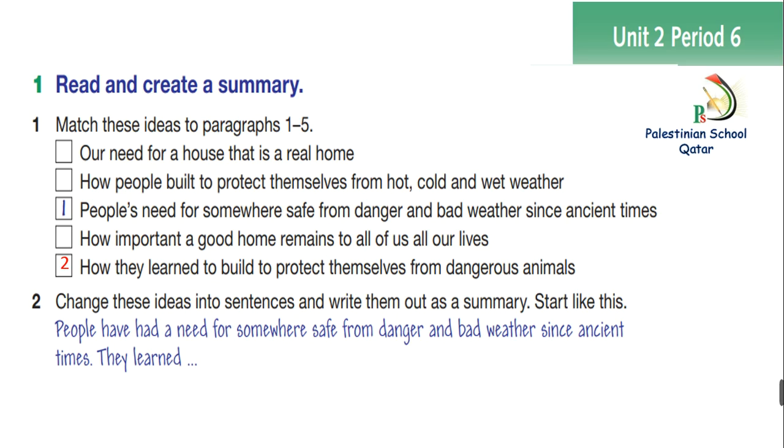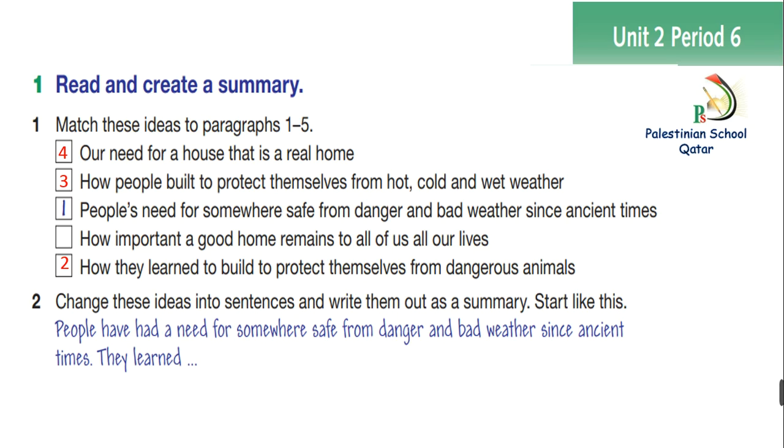What about number 3? How people build to protect themselves from hot, cold, and wet weather. Number 4, that's right, our need for a house that is a real home. And the last one, how important a good home remains to all of us, all our lives.